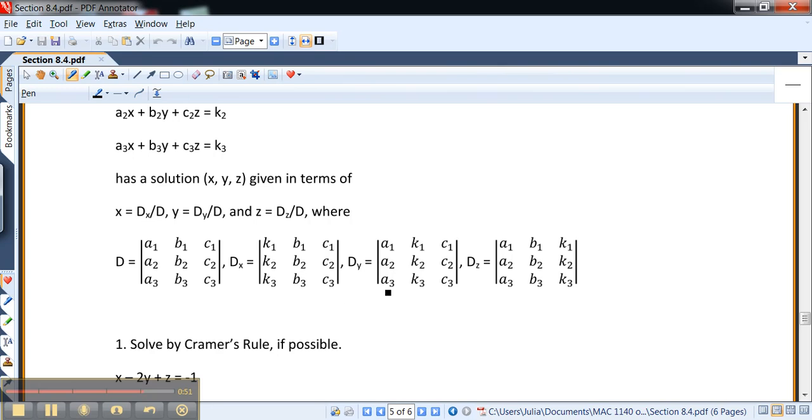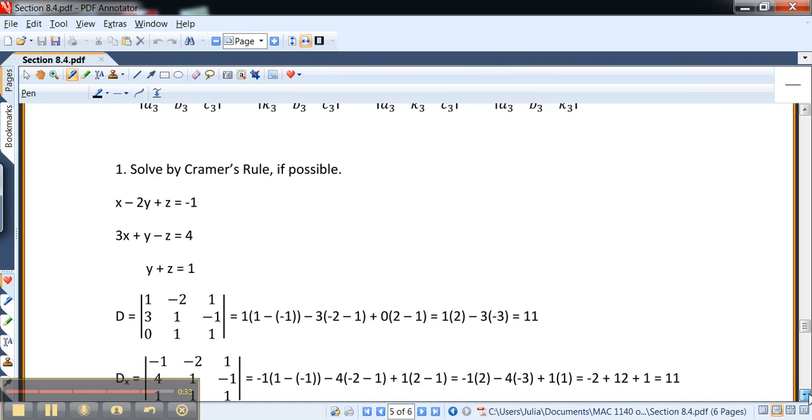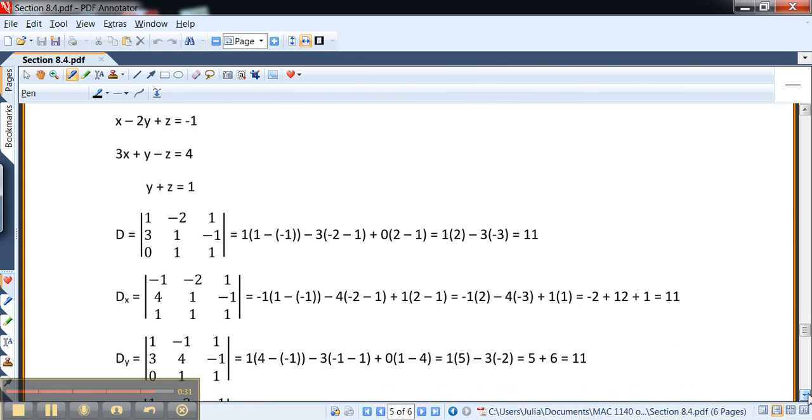For dy, notice we have the a's for the x. The y's are replaced by the solutions. And here we have the c's for the z. And the same way for the z, we have x and y in the same order, but instead of the c's, we have the k's as the solution. And then we just have to compute the determinants, which you can look at in the notes above.